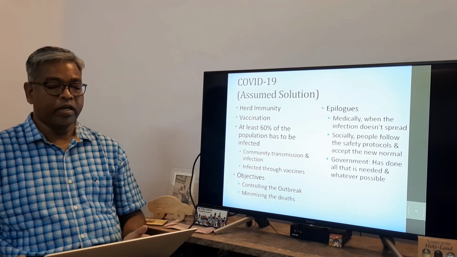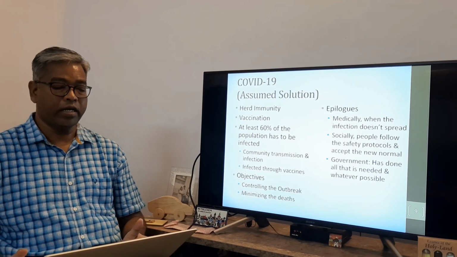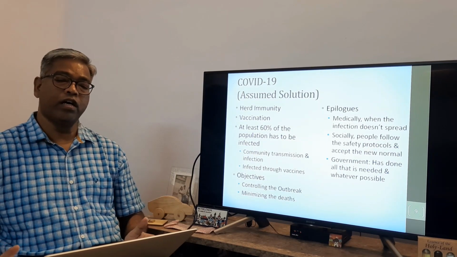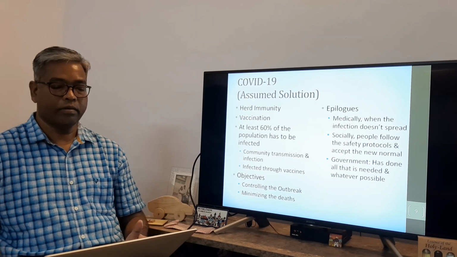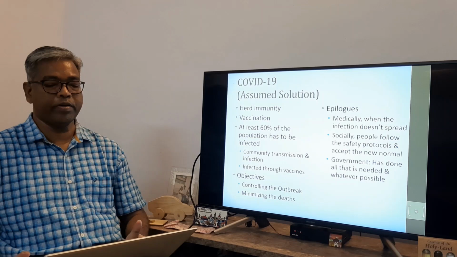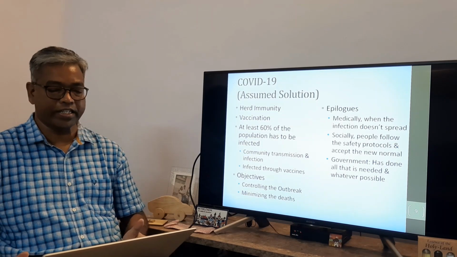We achieve that by vaccination and by exposing ourselves to the disease, and at least 60% of the population has to be infected.